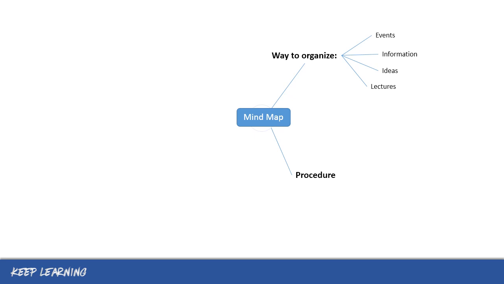Let's talk about the procedure to create mind maps. What you do first is that you start with the idea in the center. That's the first thing you have to do, is start with the idea in the center. As you can see, this mind map is about mind maps, and the word mind map appears in the center of the screen.